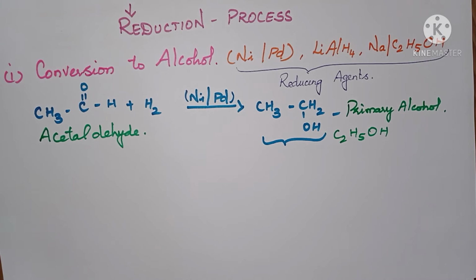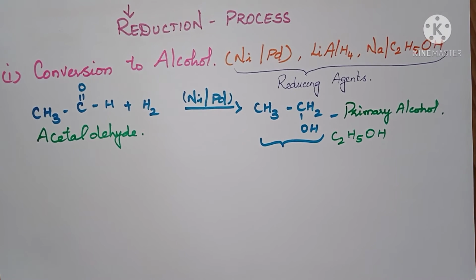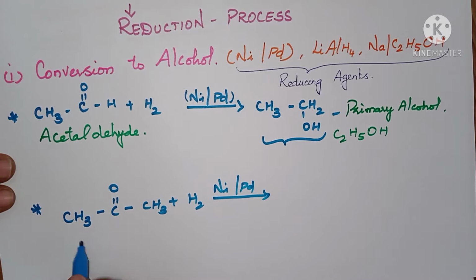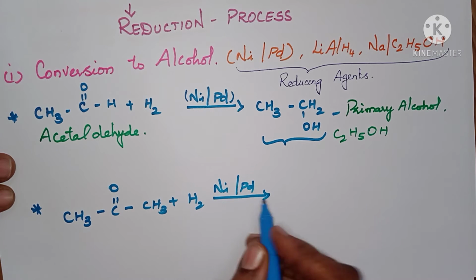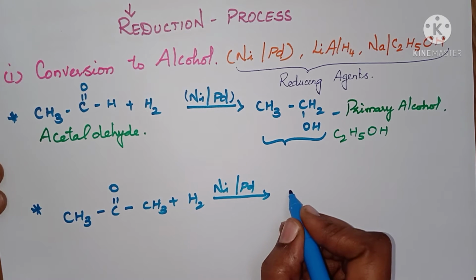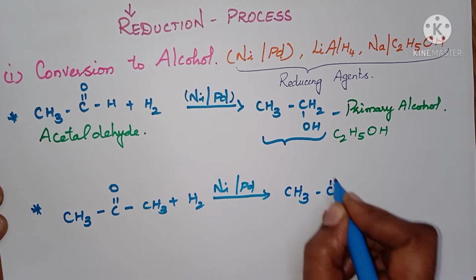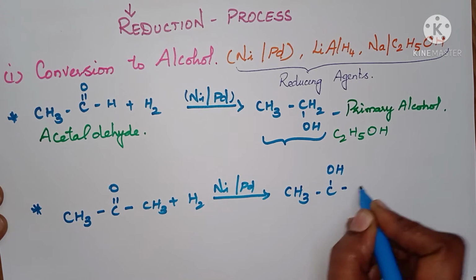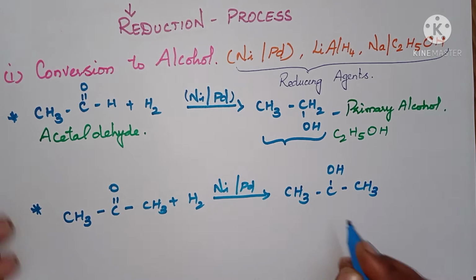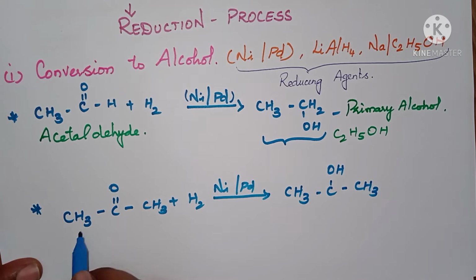Now the second one, ketone, we are going to check. Here we have taken acetone. Acetone is reduced in the presence of nickel and palladium. We are getting CH3, C with OH, CH3. So that means a ketone is there.